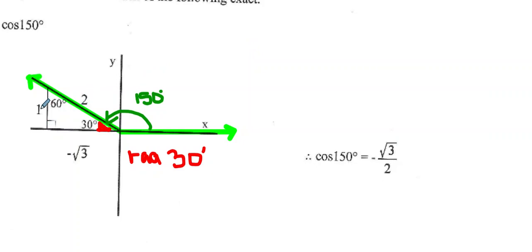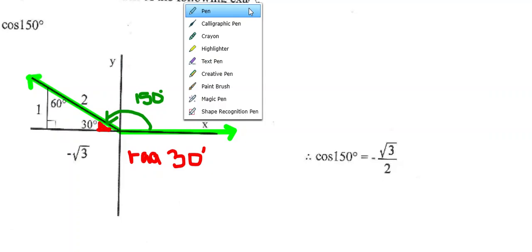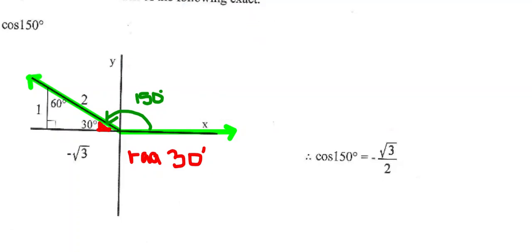Now, you're going to have to determine where 1 and root 3 go according to how the diagram is set up. The one thing that I always tell people is that the 2 and the 1 are always making the 60-degree angle, okay? If you can remember that these two make the 60 degrees, then you should be okay, all right?